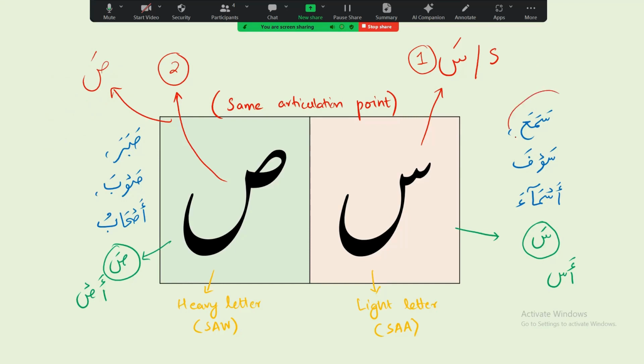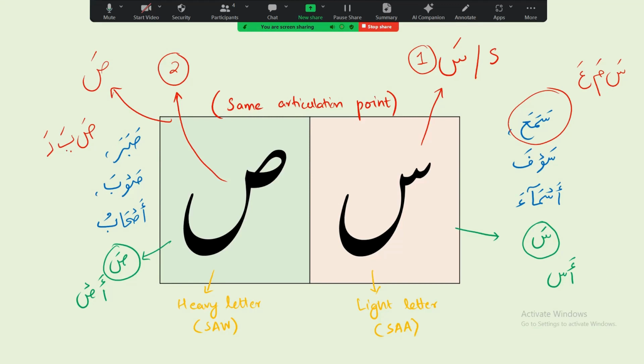Let's take the example of this word here, sisters. This is sa, ma, and a. Sama'a. Now let's take the example of the second one here, which is so, ba, ra. The first one is sa, sama'a.